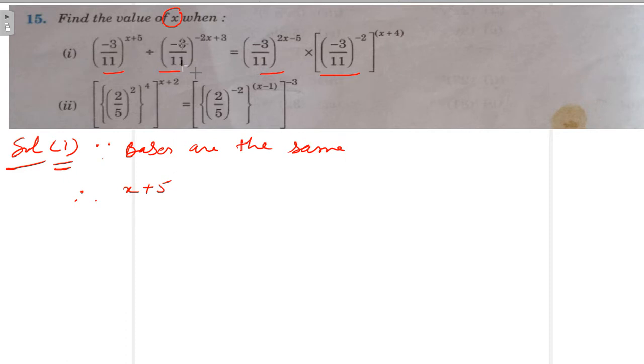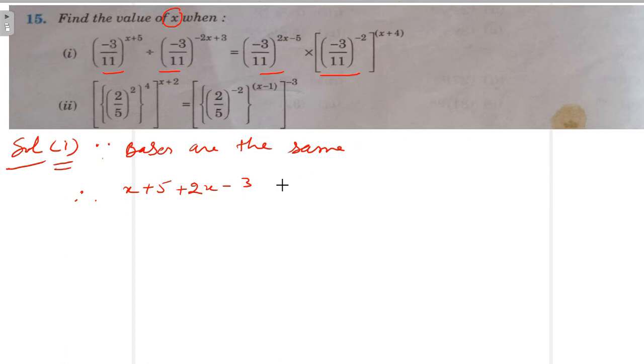This is minus, if we are going to reciprocate this, then this will change into plus, right? Plus 2x and 3 will become minus 3.